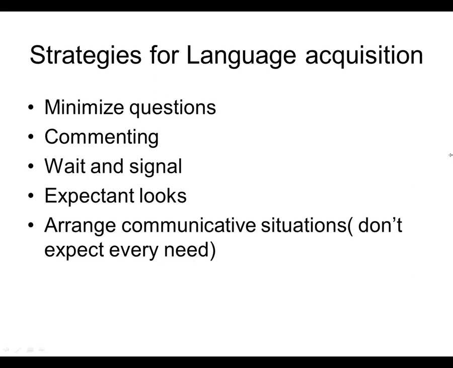Okay, so let's begin to talk about some basic general strategies for language acquisition at really any level. The first thing, which is kind of contrary to what you would think, is that you want to minimize your questions. I know that sounds opposite, because you want to be teaching and bringing up all these different things, and you think it's going to bring about more language. But especially in the initial stages of language, if they don't understand what a question is, and they aren't asking or answering questions, then by asking a lot of questions without getting answers, we're really just not teaching them the difference between a question and a comment.